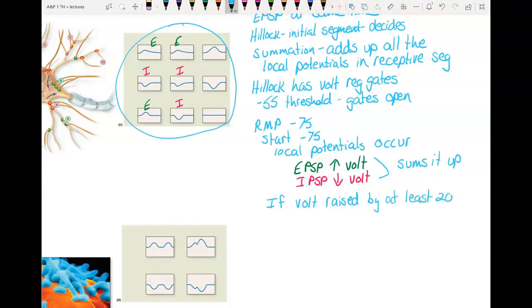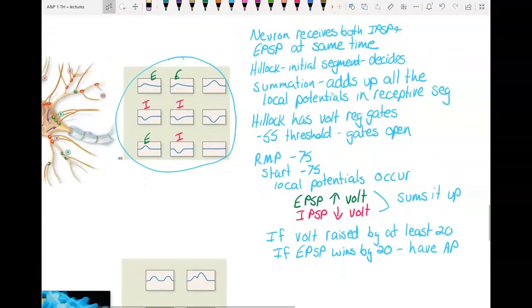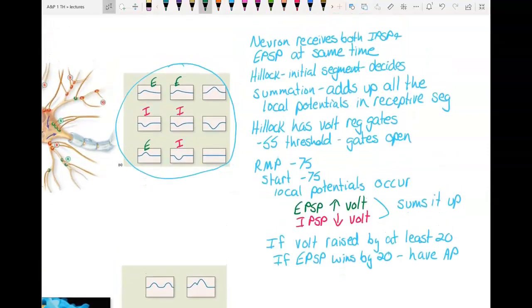So that means that EPSP has to win. Think of it like a tug of war. EPSP is raising voltage, IPSP is lowering voltage. If EPSP wins by 20, then you have an action potential. So if you look at summation, here you have a small rise, a small rise.